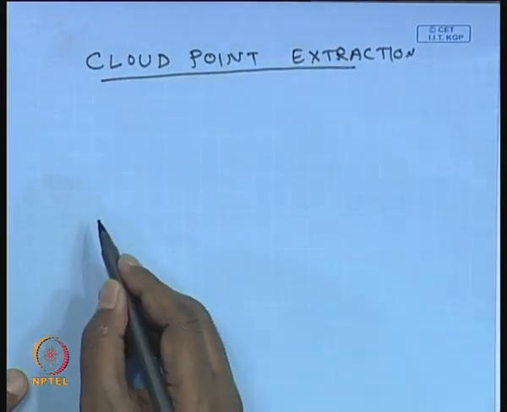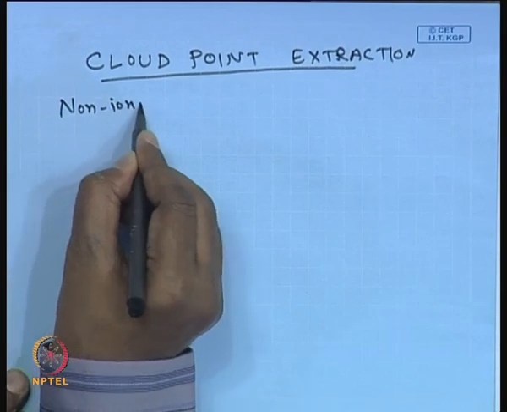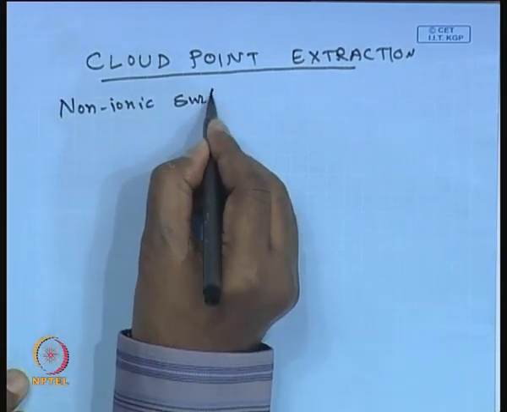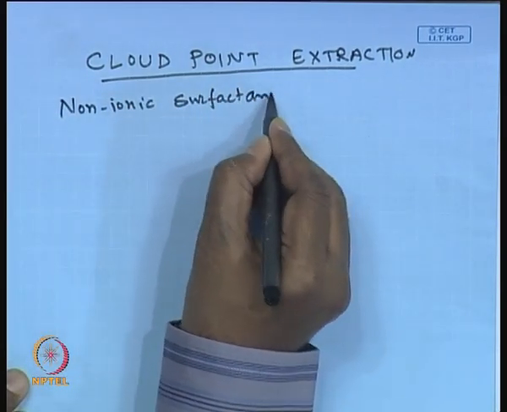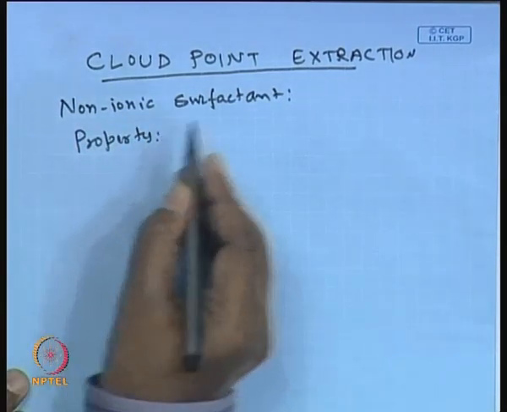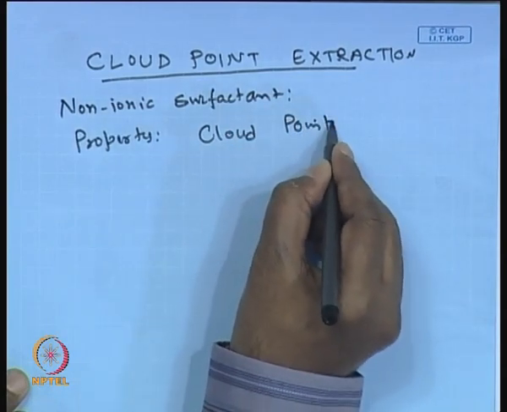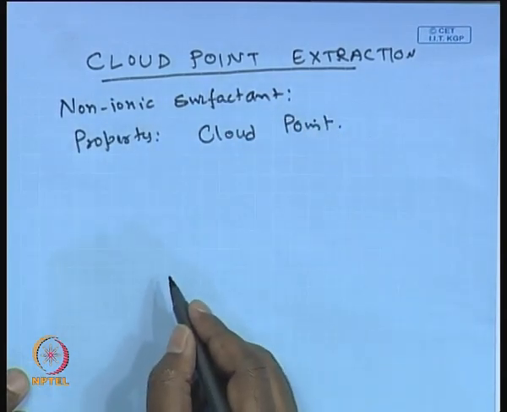This is another property of the non-ionic surfactants. These non-ionic surfactants have a typical property, which is known as the cloud point. What is a cloud point?